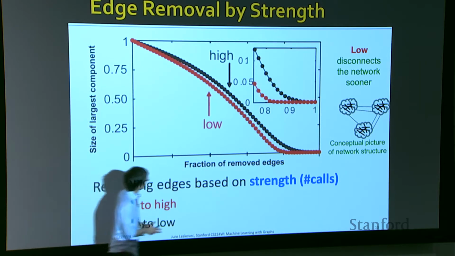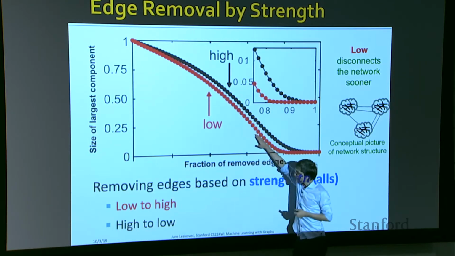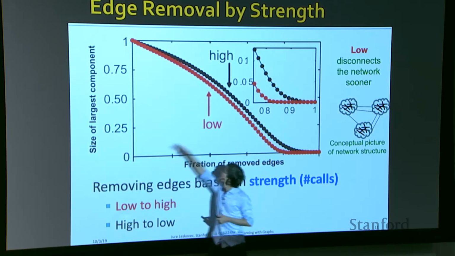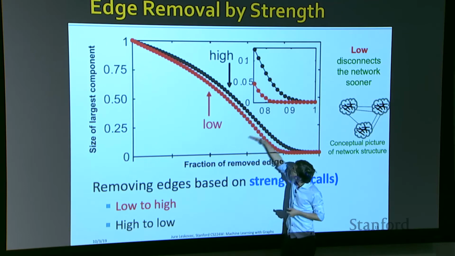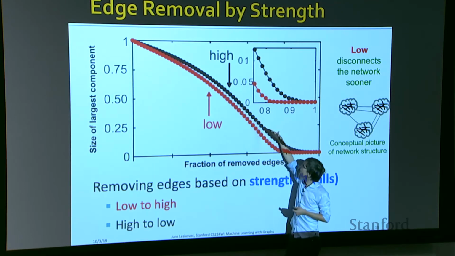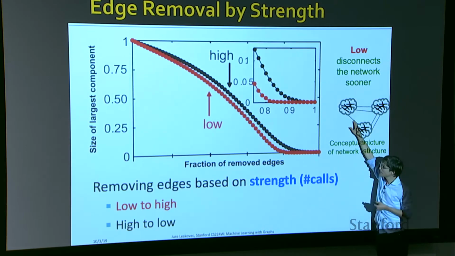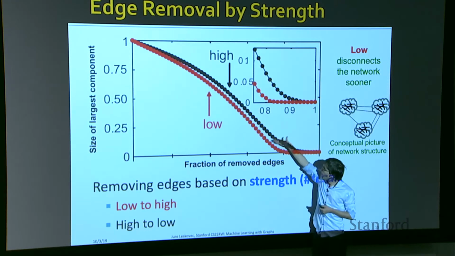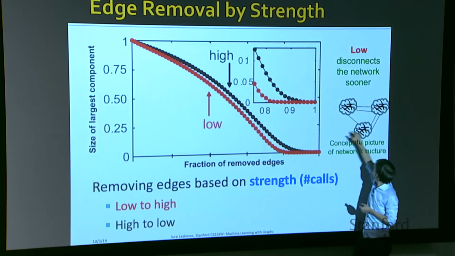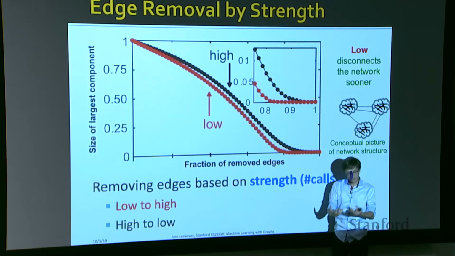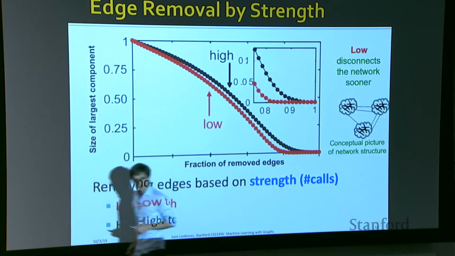And what you see from here is that if I first remove the low number of phone call edges, the size of the connected component decreases faster than if I first remove the strong edges. So it means that if I first remove these guys, the network will fall apart faster than if I first remove those edges, right? And this is just based on the strength, number of phone calls.